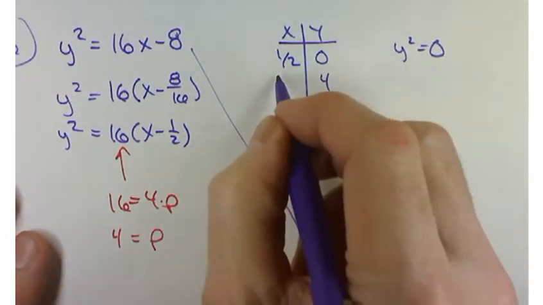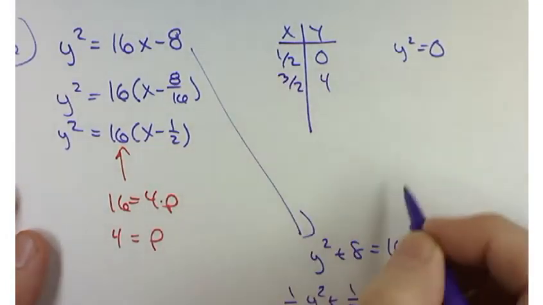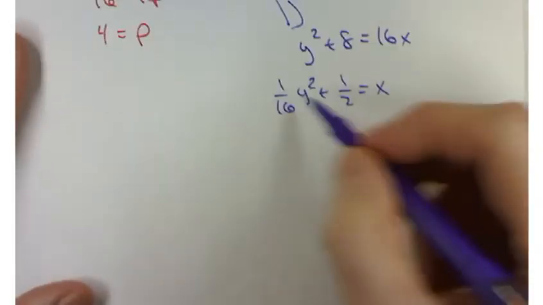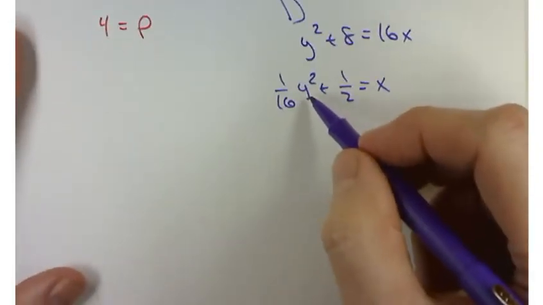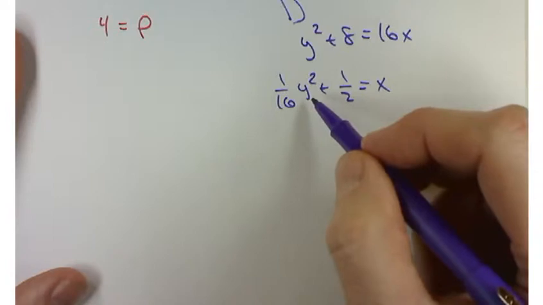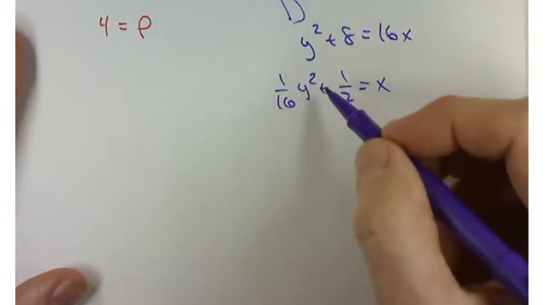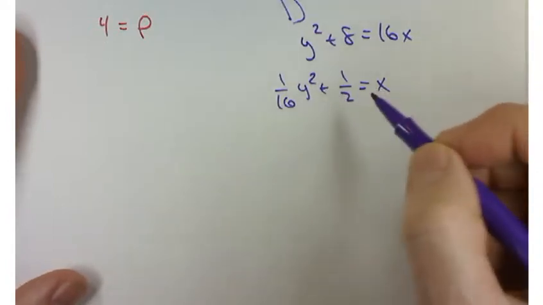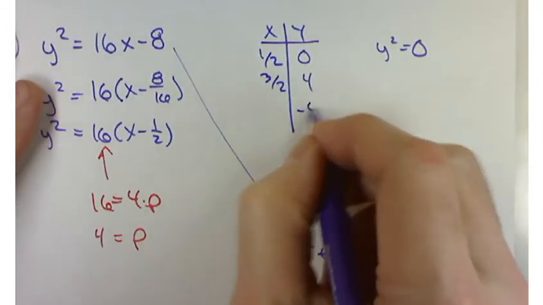So if y is 4, x is 3/2. Would it matter if I put in a -4 here? -4 squared would still be 16 times 1/16. 1 plus 1/2. So I kind of get another one for free, right?